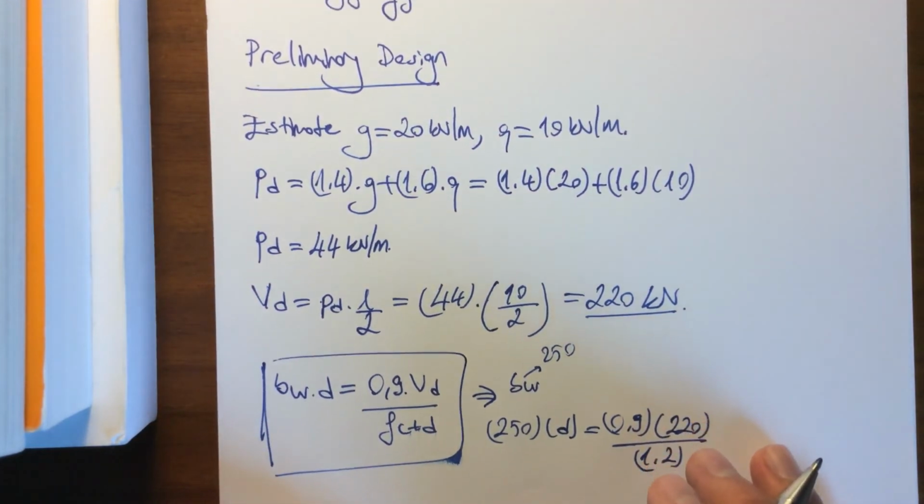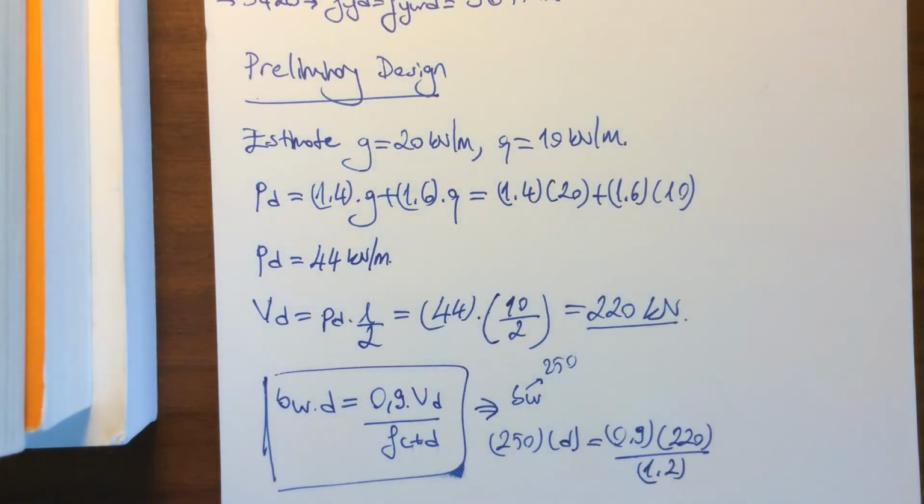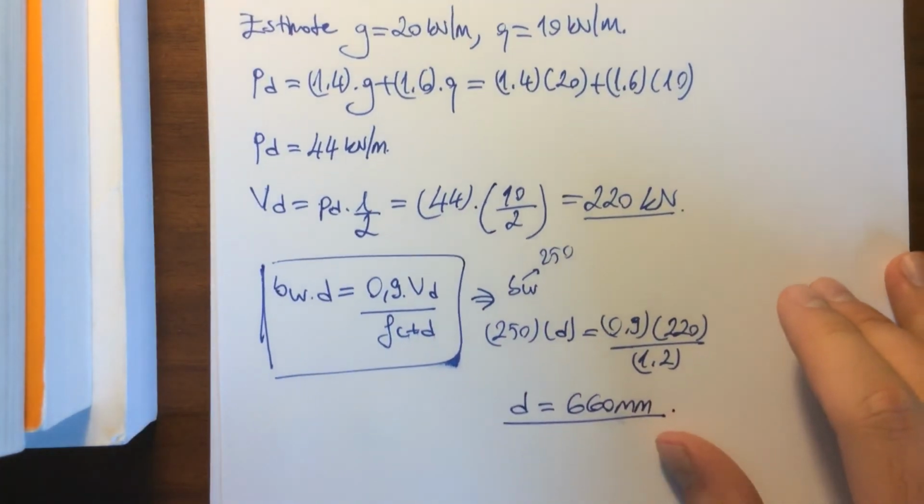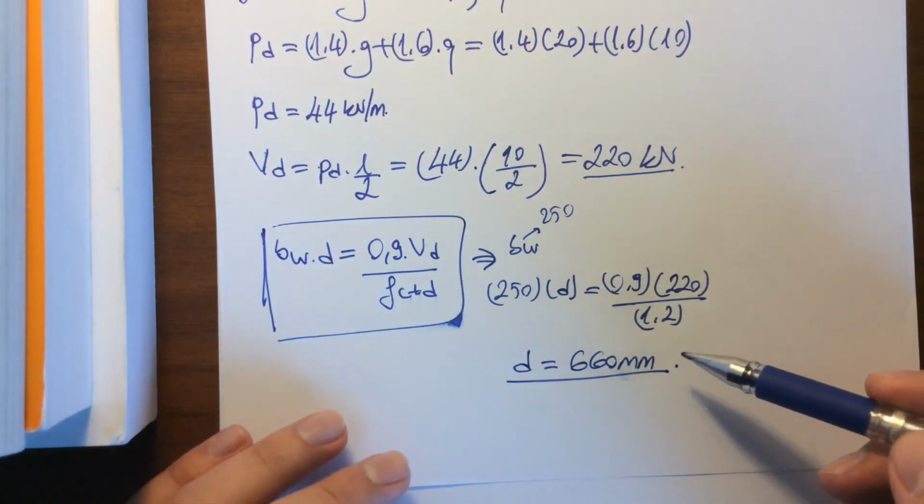And when you arrange the dimensions and the units, you will end up with a d value of 660 millimeters. Okay, the d is 660 millimeters.